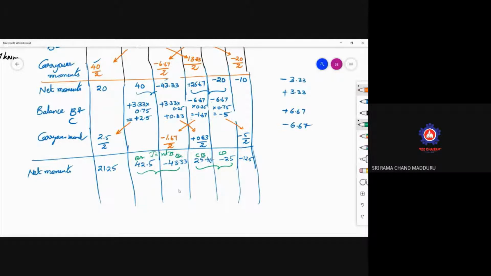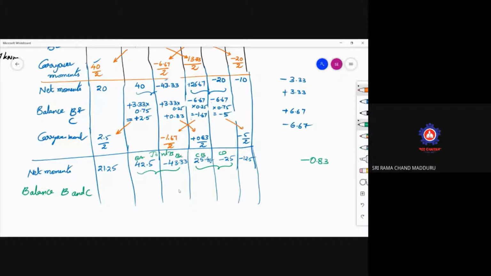When you balance B and C once again, what is the difference between these two? If you add both, 42.5 minus 43.33, the value is minus 0.83. So minus 0.83 is the difference.